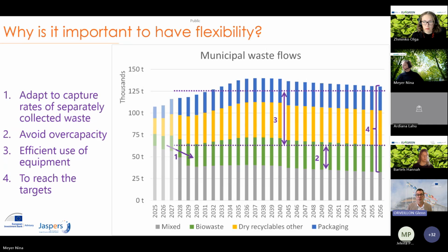By doing so, you avoid overcapacity over the years, because when you start, you might need only mixed waste since you don't yet have full separate waste collection. You will make better use of your equipment because as you roll out separate waste collection, you will be able to use the full capacity. If you design to work in one shift, over the years you may do some upgrades and switch to two shifts and be able to take everything generated in that catchment area or region.